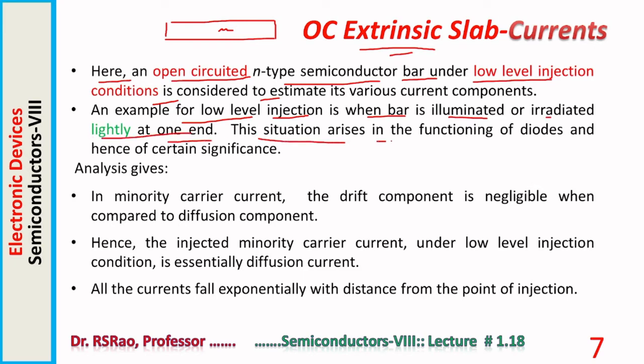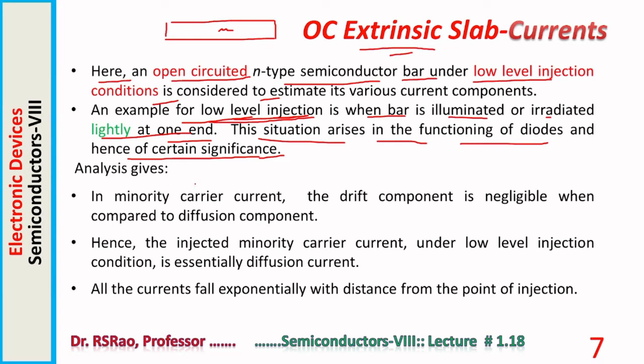This situation arises in the functioning of diodes and hence has special significance. Low-level injection means a slab illuminated lightly at one end, which is case 2, analyzed just now.